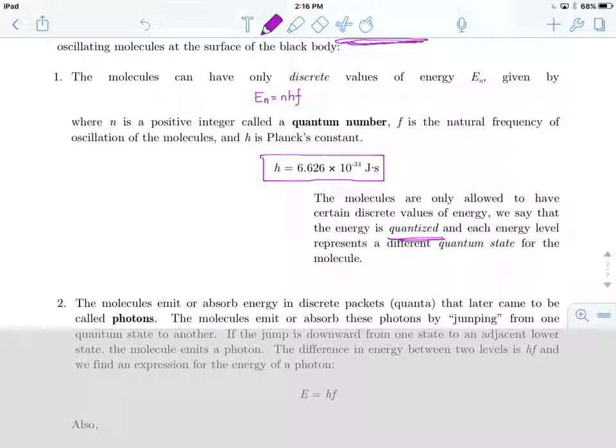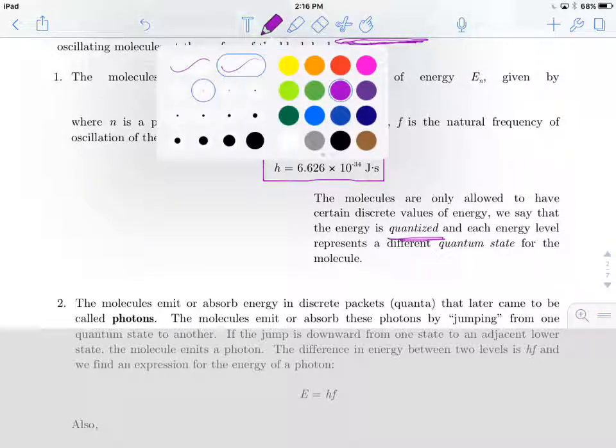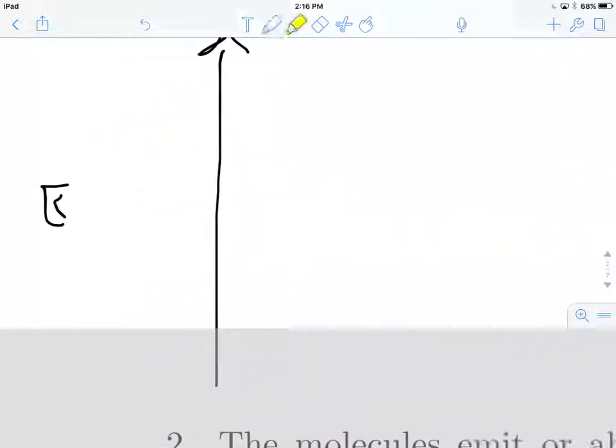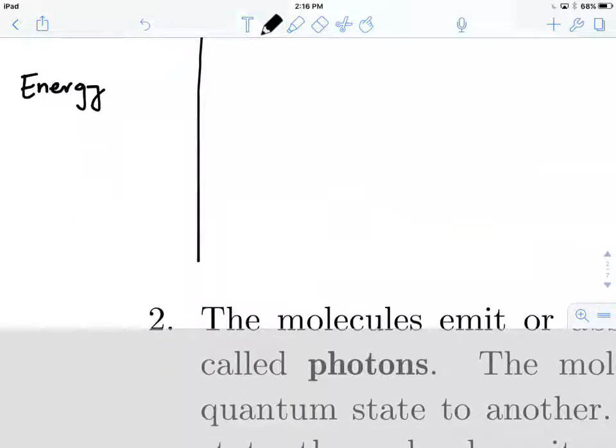And so this is a neat little diagram that might help to explain it. So here's energy, kind of like an increasing scale. We're going to start at, say, the lowest level down here, and we would say this is zero. This is like our zero energy level, okay?